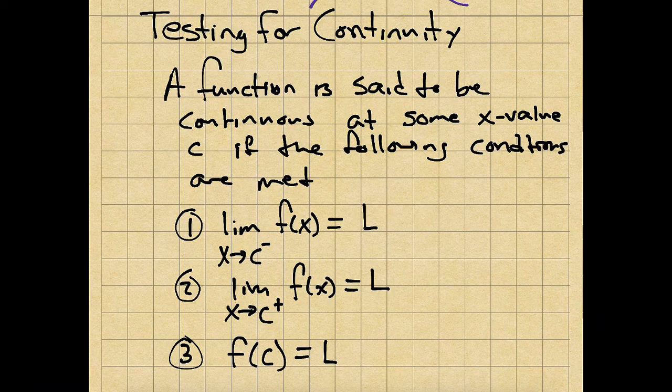The first one is the limit from the left side, indicated by that negative next to c, and that is equal to the limit from the right side.